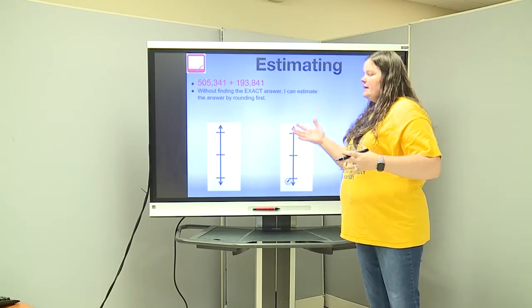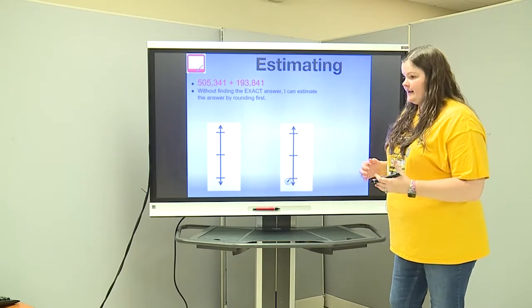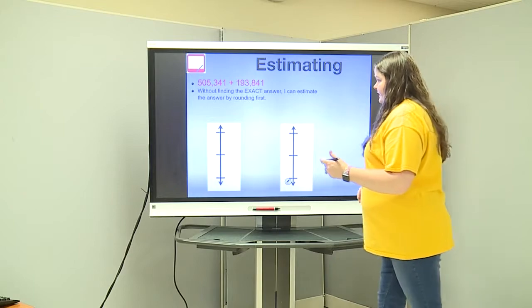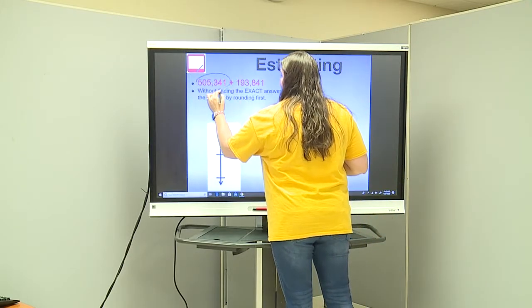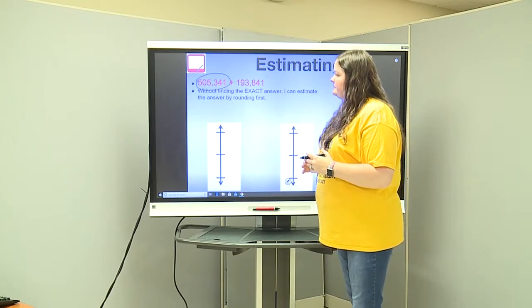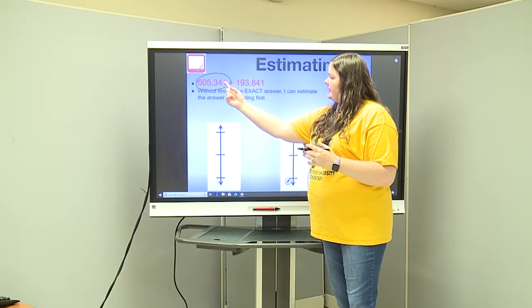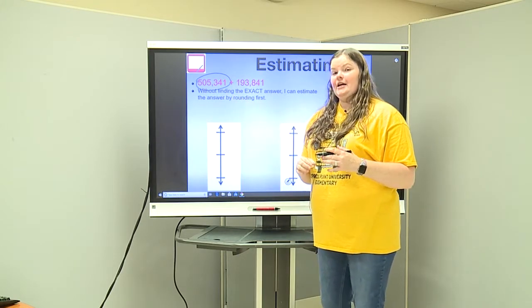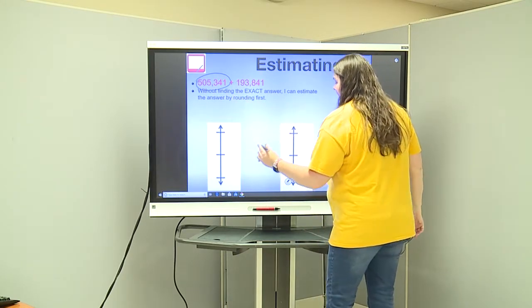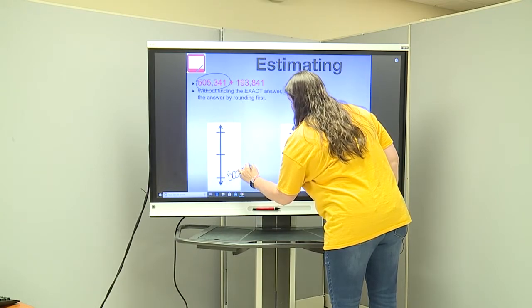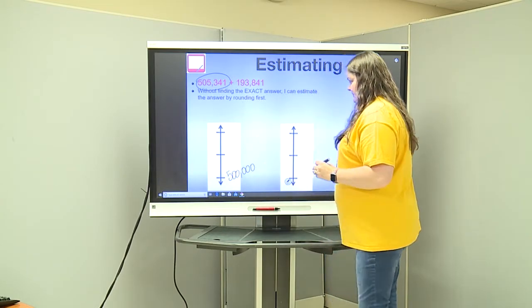So here, we're going to be rounding to the 100,000s place. So in the first one, I've got 505,341. What's in that 100,000s place? I've got ones, tens, hundreds, thousands, 10,000s, and 100,000s. So that bottom endpoint is 500,000.